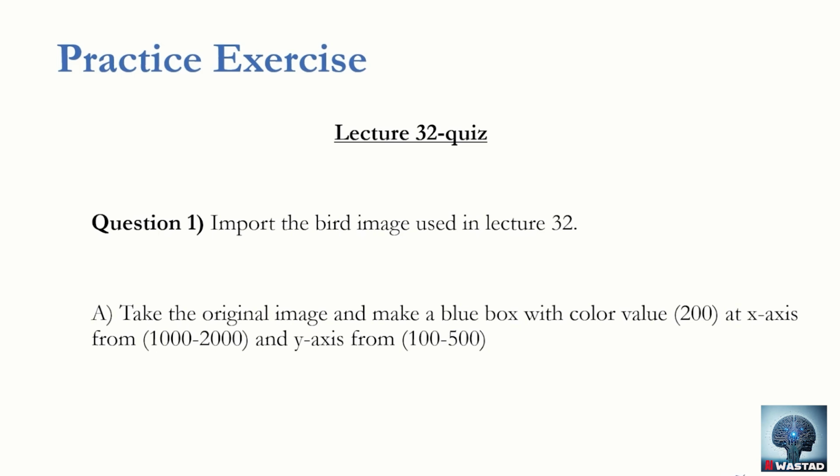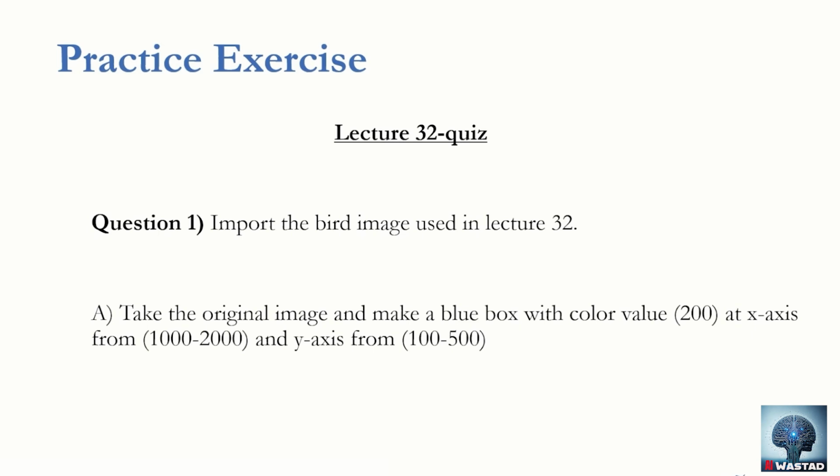Take the original image and make a blue box, with the color value of 200. Making a blue box means that the red and green values will be 0, right?